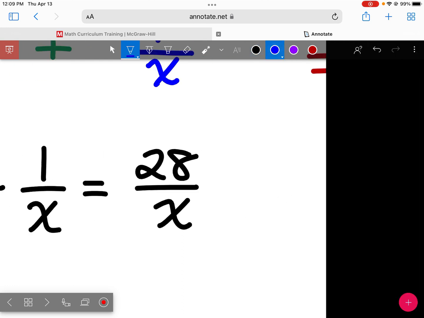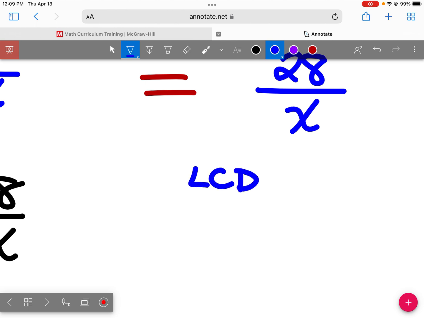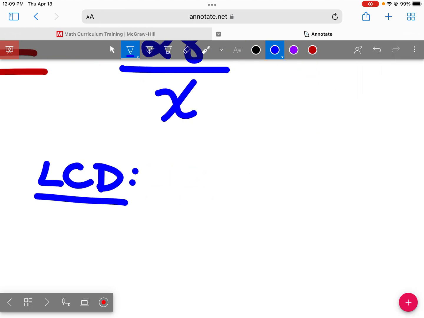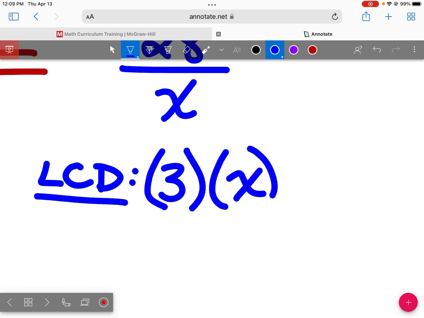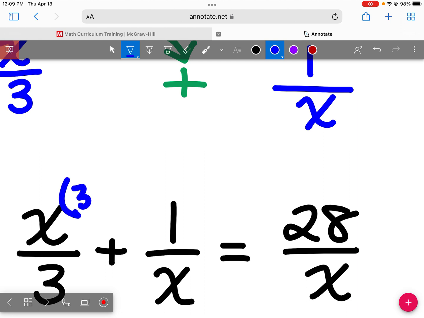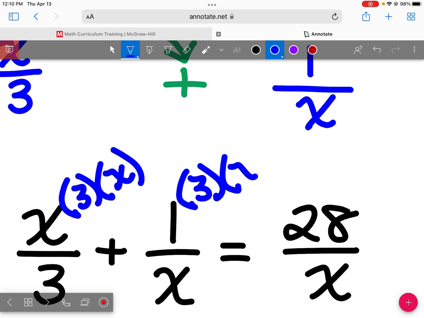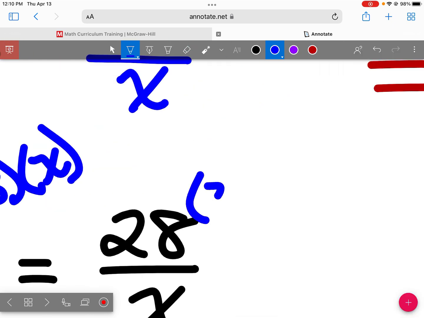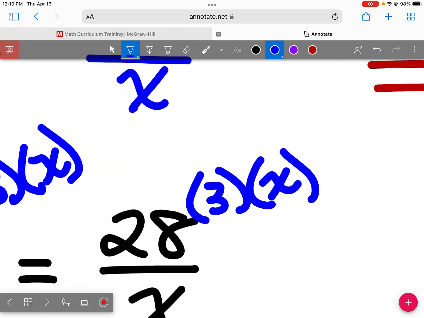What's my LCD? 3 and x. Why do I not need x twice? I already have it. So I multiply each of these fractions by 3 and by x.